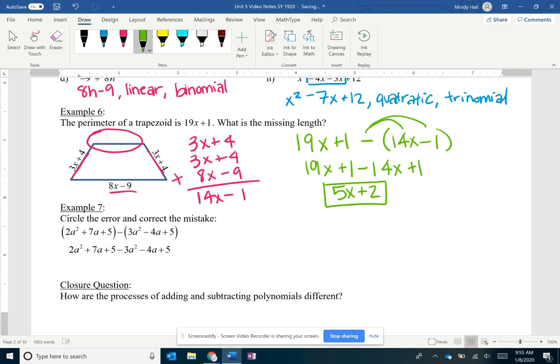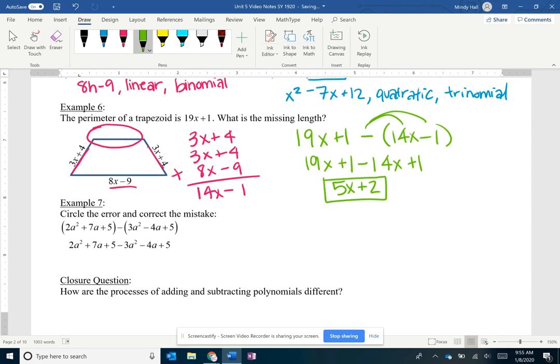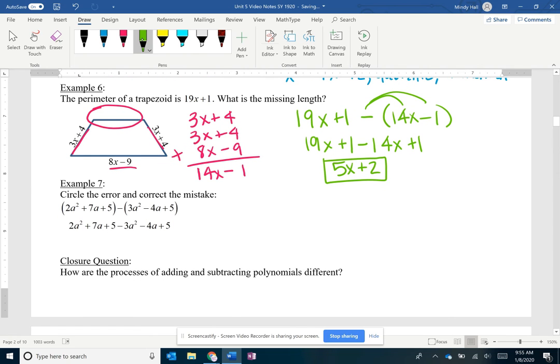For example 7, we need to circle the error and correct the mistake. So if we notice we have 2a squared plus 7a plus 5, minus 3a squared minus 4a plus 5. Wait a second. We have a negative sign right here, which tells us that all of the signs in here need to change.